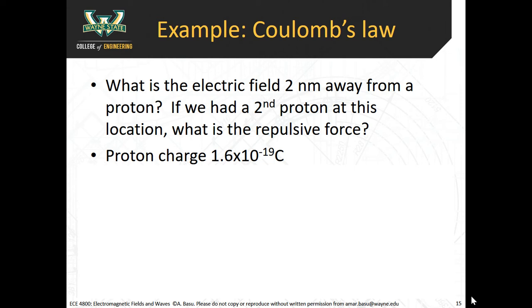All right. So what did you all get? 0.719 volts per meter. 0.719 volts per meter.